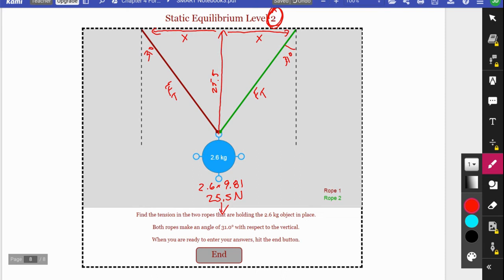So the only thing that I'm left to solve for is, well, actually, I don't even need to solve for the x side. I just need to solve for the hypotenuse of the triangle, and those are going to be the exact same. So I still need to solve for this angle on the inside here.